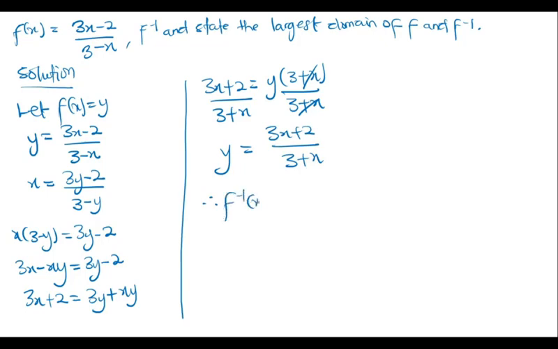So therefore our f inverse of x is equal to (3x + 2) over (3 + x). This is our inverse on condition that x is not equal to -3. Alright, so now let's state the domain.